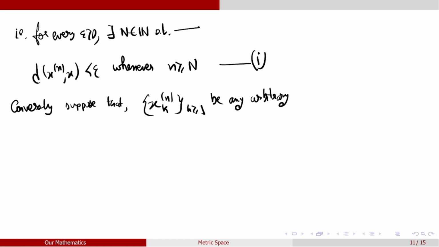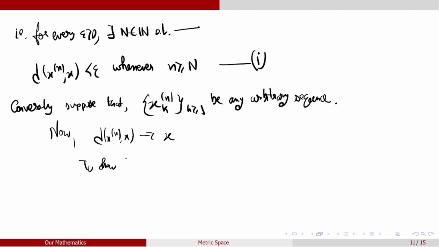Now we are supposing that the if part is true, that is, d of xn comma x is less than epsilon for all epsilon greater than 0, that is, xn converges to x.